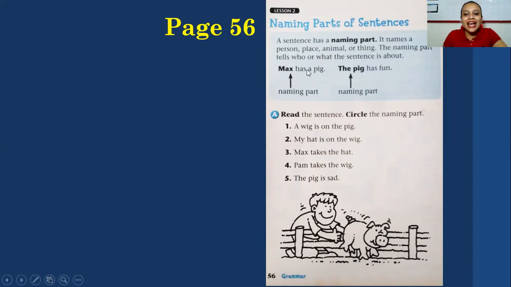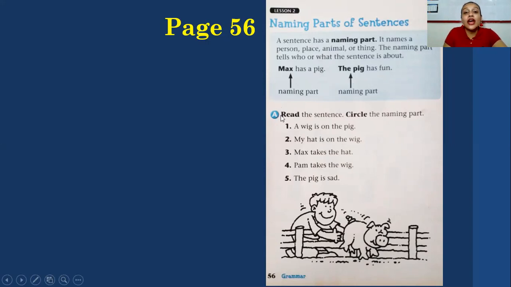So Max has a big pig. Look, Max is the naming part. And the other example, the pig has fun. Look, the pig is the naming part because it's telling us something about an animal. And the animal is the naming part of a sentence. So now you got it?